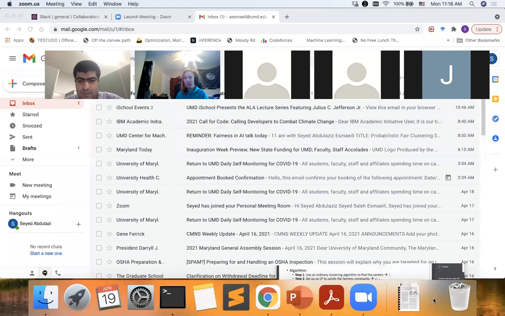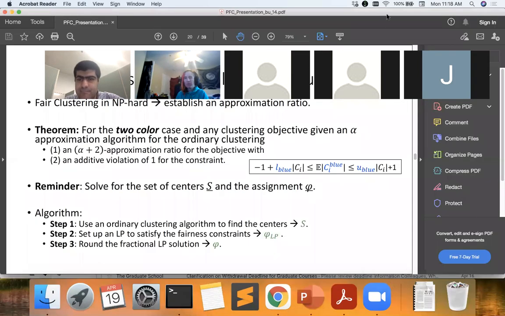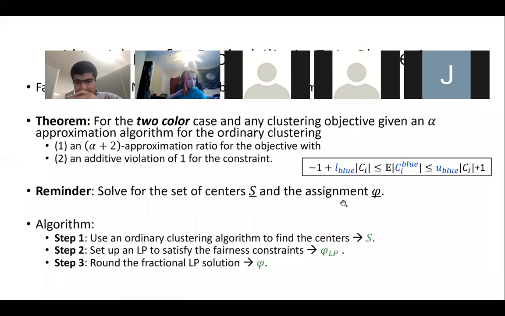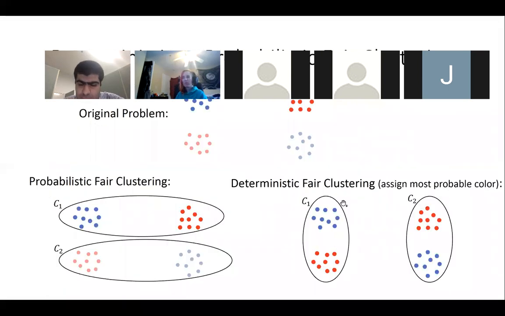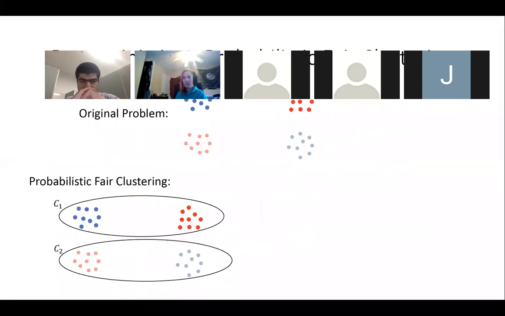I was wondering, maybe I missed this on the earlier slide where this was introduced before the algorithm slide, why we're looking at expectations instead of looking at the probability that the constraint is satisfied. Because I could imagine, for example, an algorithm that on average assigns the good cluster, quote unquote, to the blue points and the red points, so its expectation is fine, but in reality, it always gives one group or the other an unfairly good result.